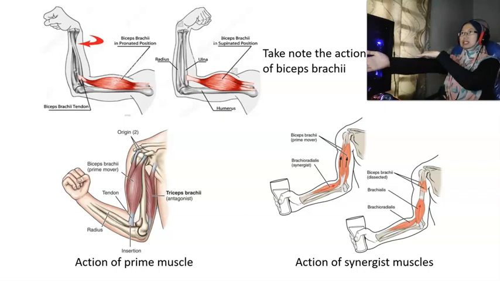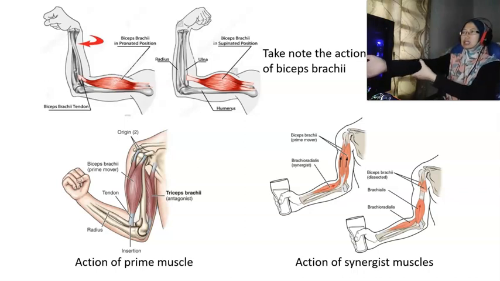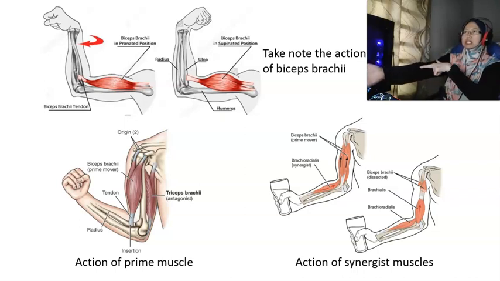Ni medial, ni lateral kan, so radius kat sini, ni ulnar, ni radius. So insertion dia dekat posterior radial tuberosity. Radial tuberosity dekat sini, kat tengah-tengah between radius and ulnar. You just imagine, ya.